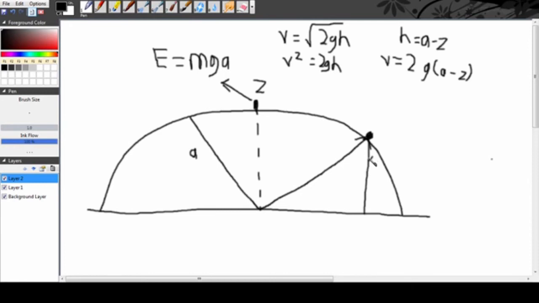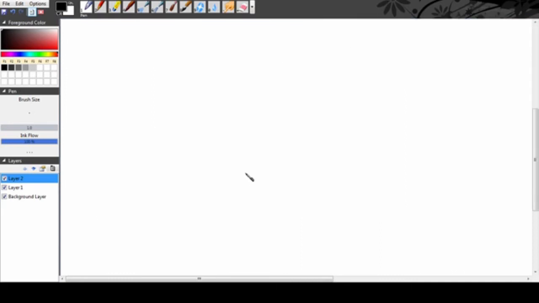Now, gravity is creating the force, mass times the acceleration of gravity on the ball. The force from the ball on the sphere is mg cosine theta. And the distance from the origin z to the ball itself is a minus z.